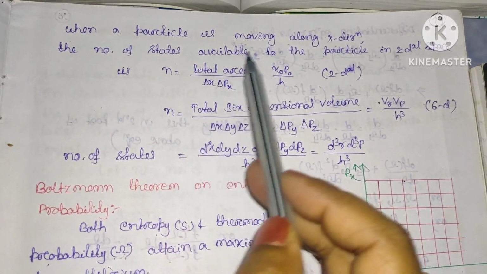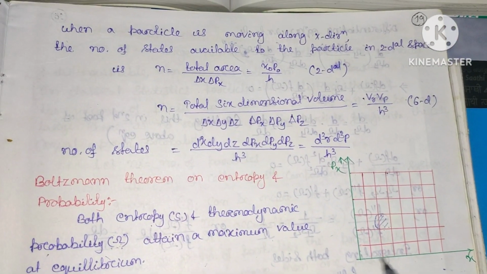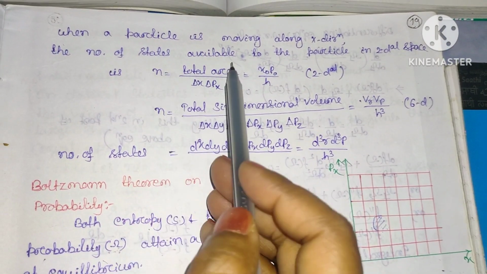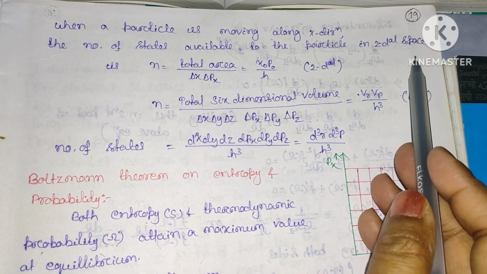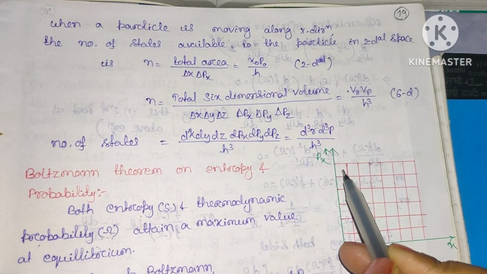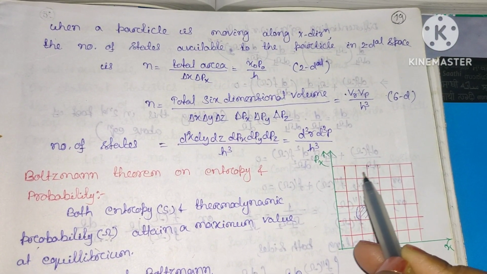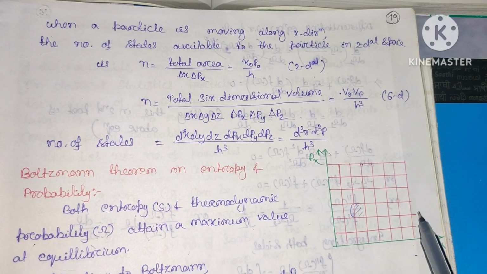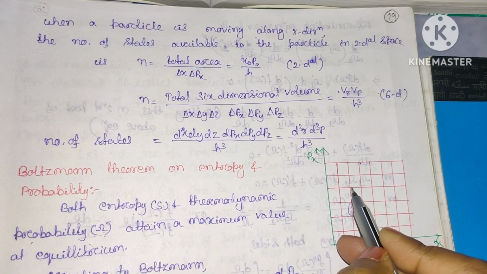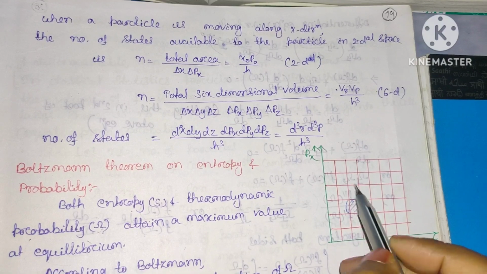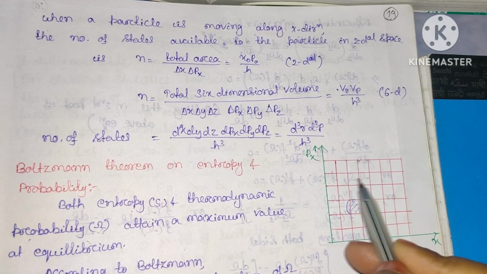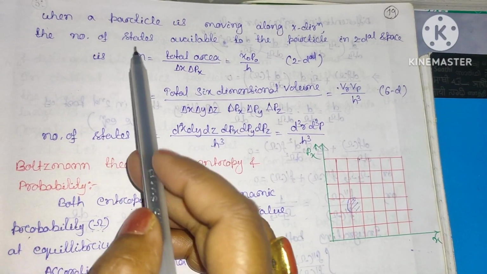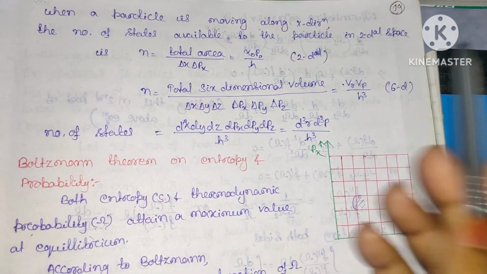So when a particle is moving, suppose the particle is moving along this x direction, the number of states available to the particle in the two-dimensional space, these are your number of states, 1, 2, 3, 4 like this. So how can we calculate? If I divide my total area by any one of these cells, because these are divided into equal parts, I can calculate the number of states available to the particle in two-dimensional space.